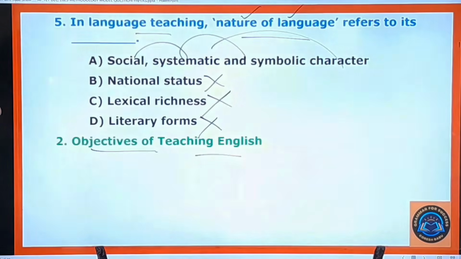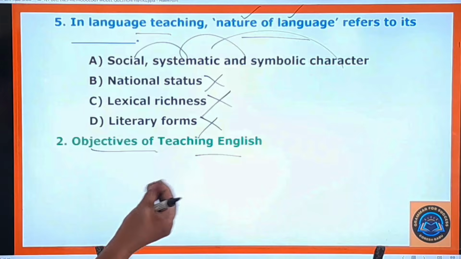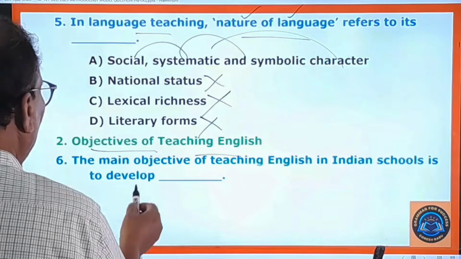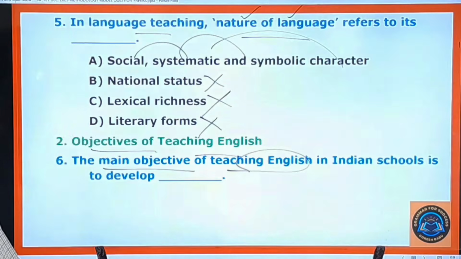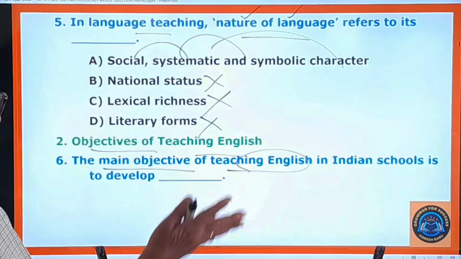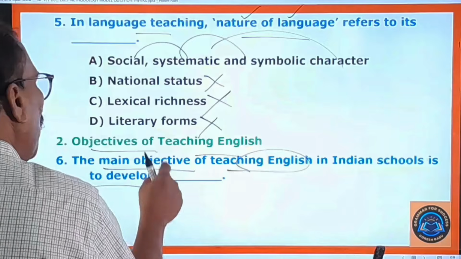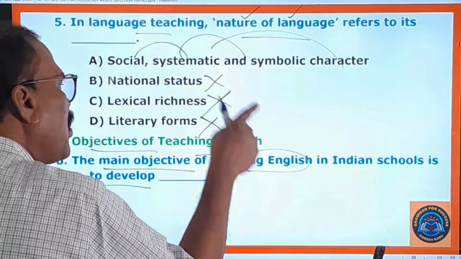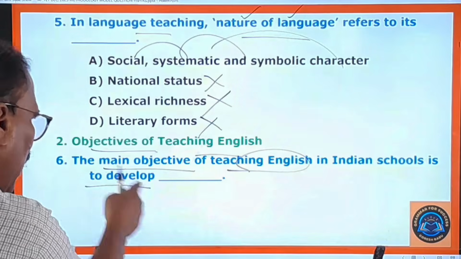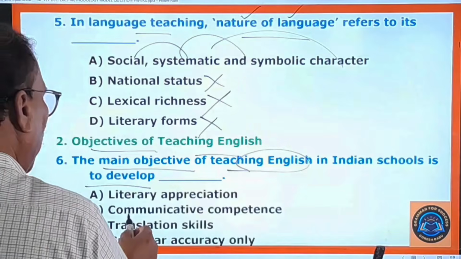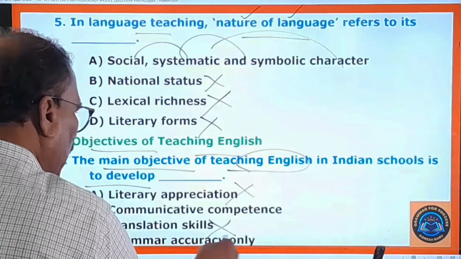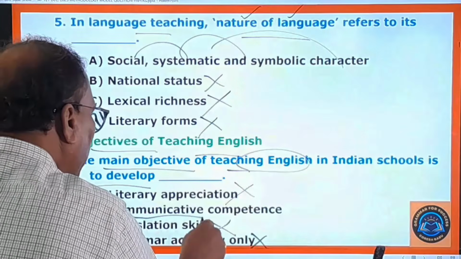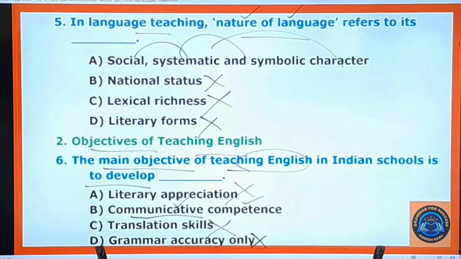On this particular aspect also, I have framed a few questions, and here you pay attention. The main objective of teaching English in Indian schools. In Indian schools, English is being taught, you know very well, and is to develop... So why is English being taught in Indian schools? Not for literary appreciation, not for translation skills, not for grammar accuracy, but for communicative competence.